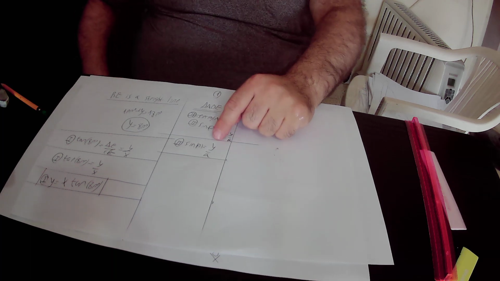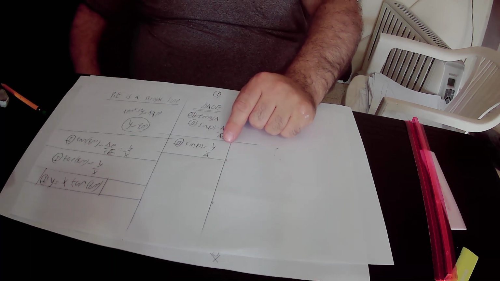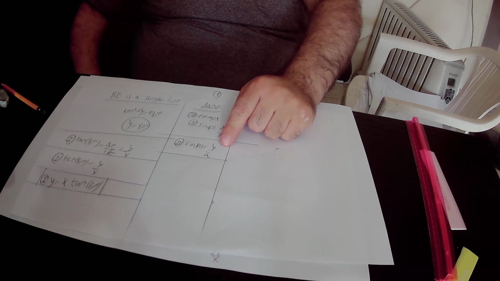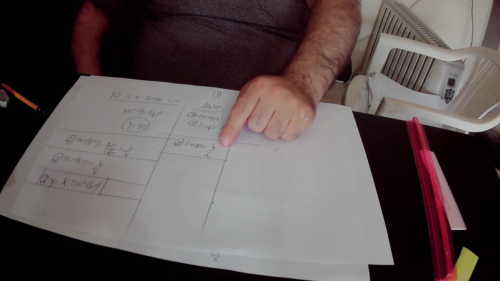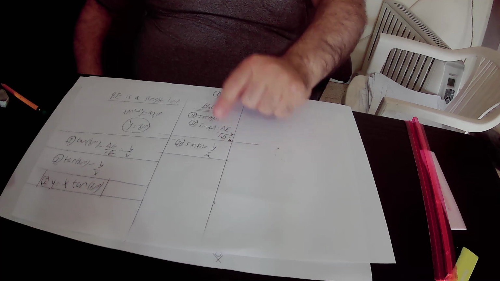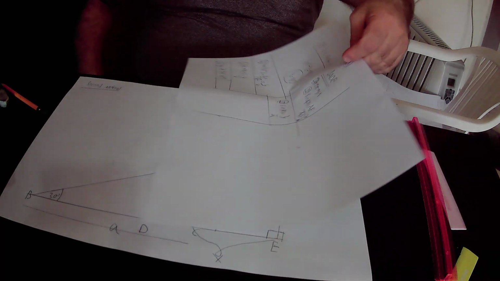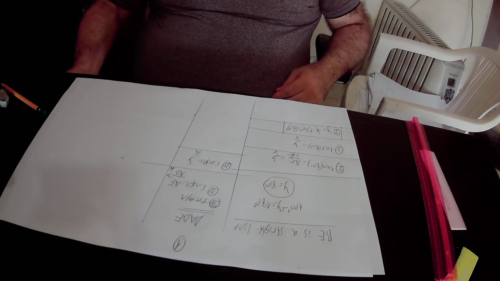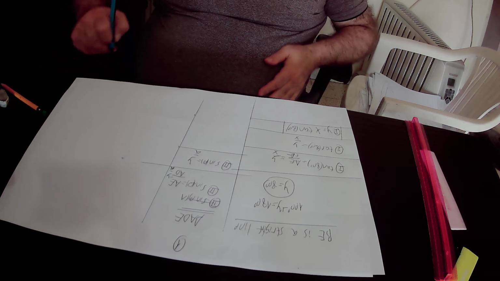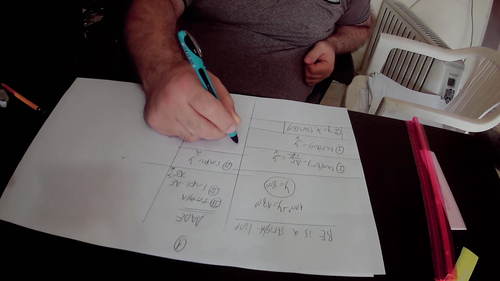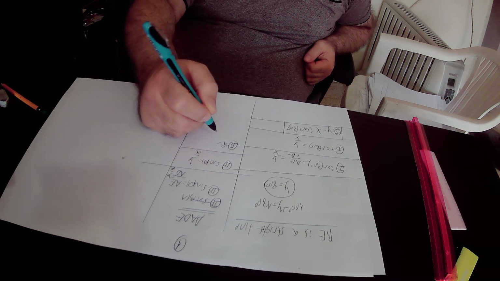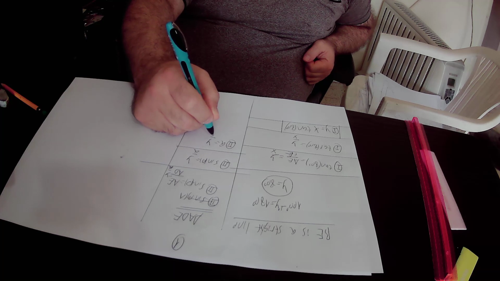So according to equation number 2, sine theta equals y over a. Here we will multiply equation number 2 by a, and then divide by sine theta, and we will get that a equals y over sine theta.